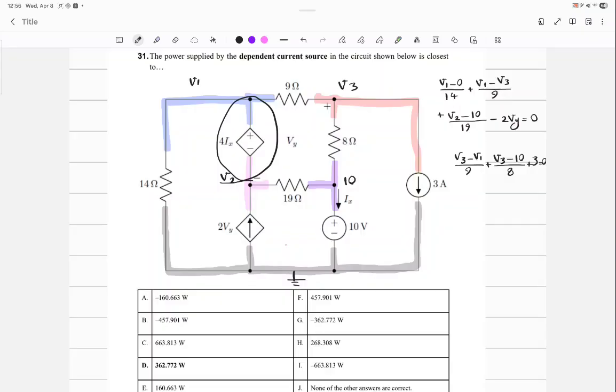How many unknowns do I have so far? 3 unknowns, right? V1, no, actually 4. Vy is also there. Now, can you do something about Vy to get rid of that? Yes. How? Vy would be V3 minus V2. Vy is equal to V1 minus V2.